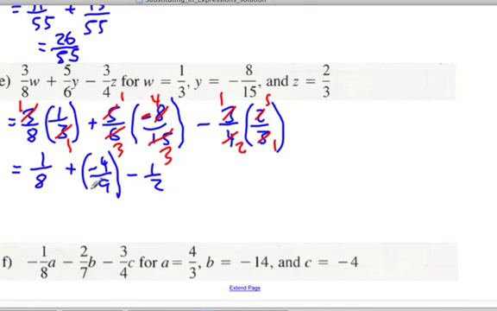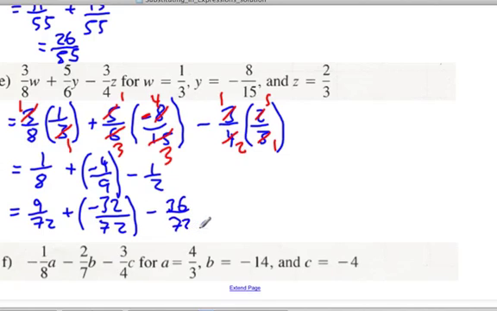Now, common denominator for 8 and 9 is 72. So this is going to be 9 over 72 plus, multiply top and bottom by 8, will be negative 32 over 72 minus 1/2, multiply top and bottom by 36, so 36 over 72.